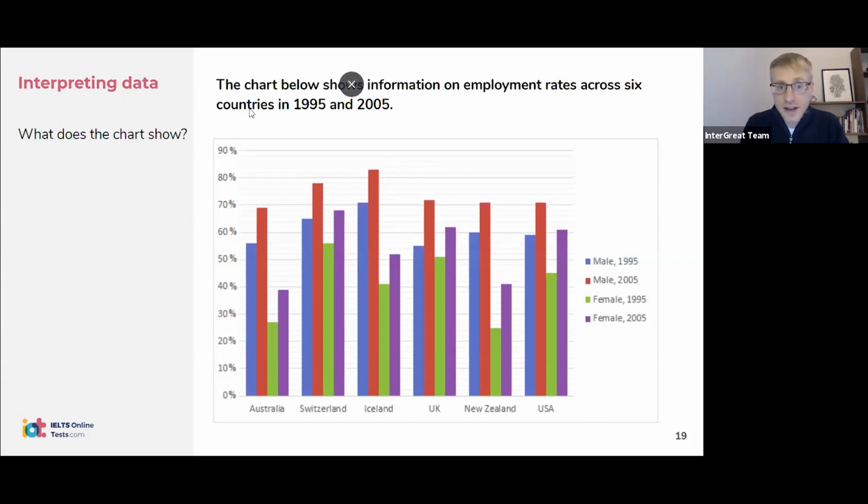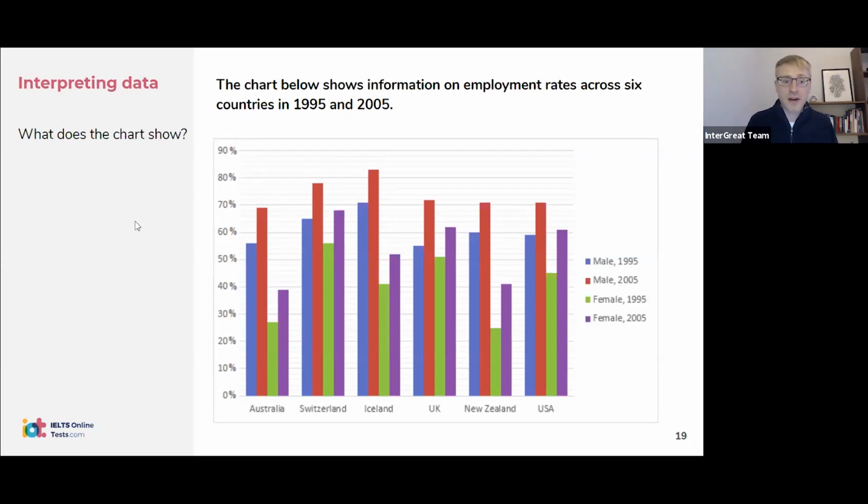So reading the title says the chart below shows information on employment rates across 6 countries in 1995 and 2005. So very good, Attila and Neo. It's talking about the employment rate, right? The number or the percentage of people in a country who have a job, right? That's what the topic is talking about.